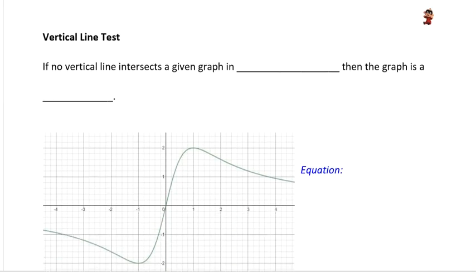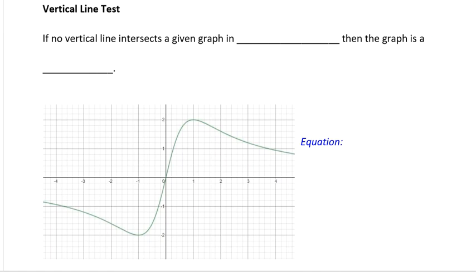We can use the vertical line test to tell if something's a function. If no vertical line intersects a given graph in more than one place, then the graph is a function. So go ahead and imagine a vertical line going across here.